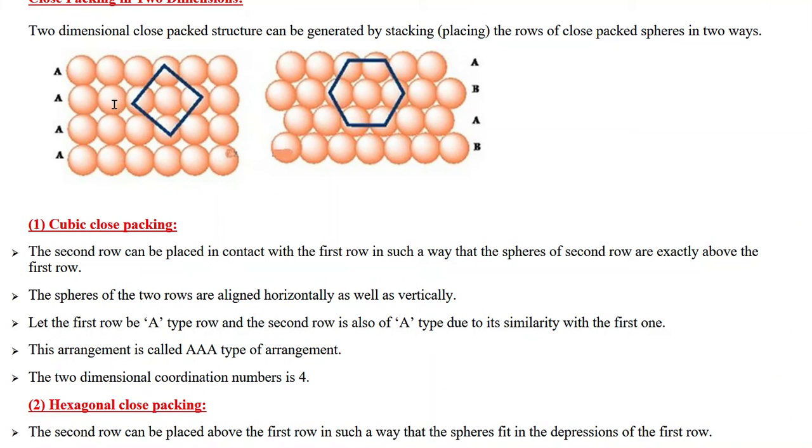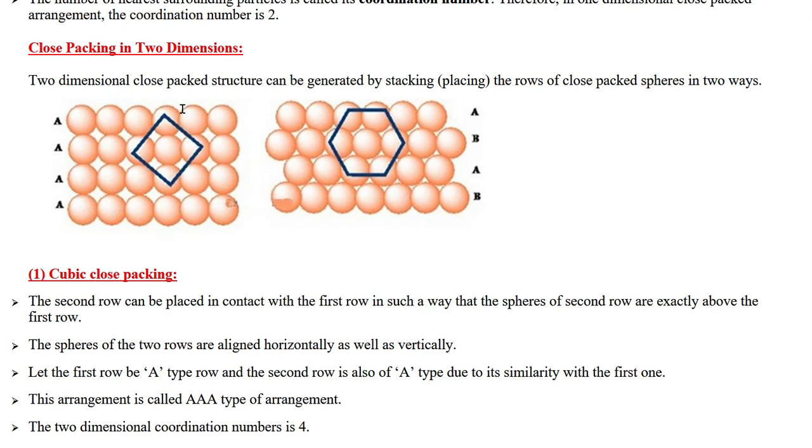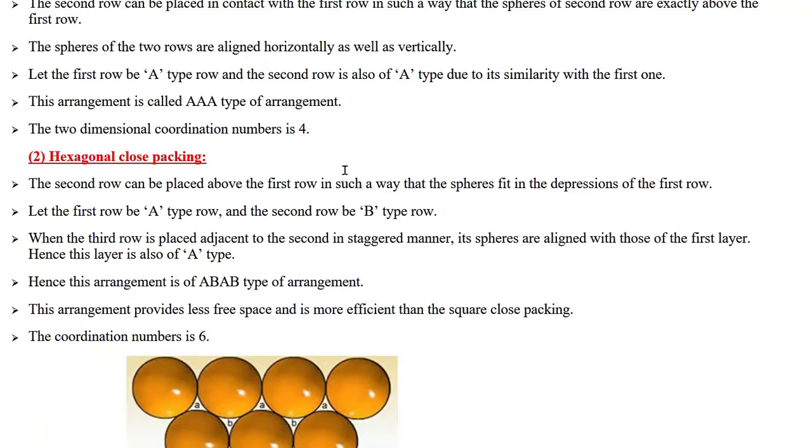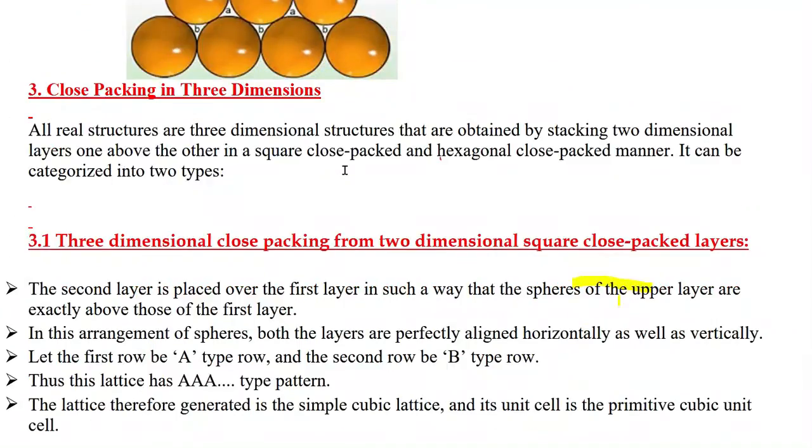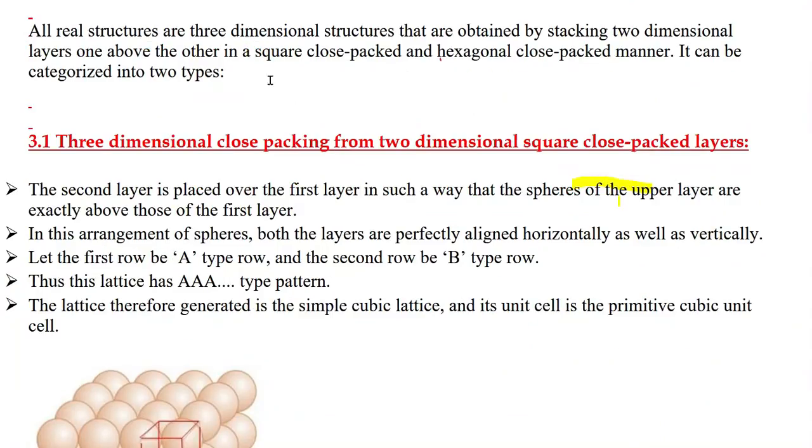So we are going to use these two different types of layers in close packing in 2 dimensions. First we will study square close packing, and second we will study hexagonal close packing for 3-dimensional close packing structures.